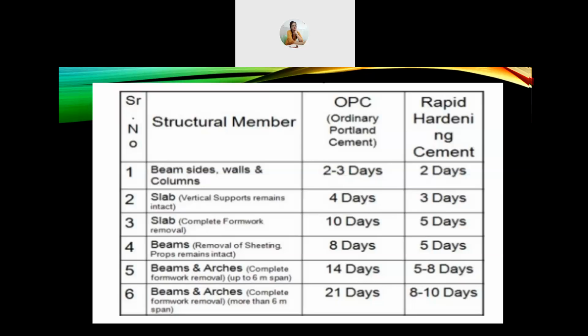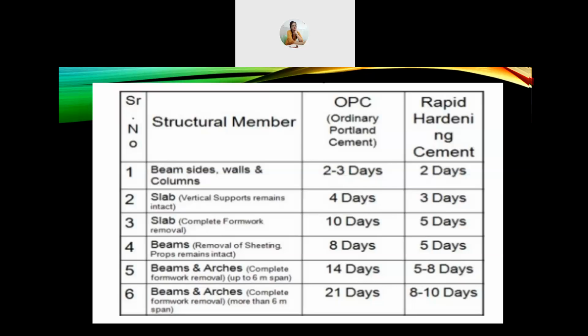For slab vertical support, 4 days and 3 days. For slab complete formwork removal, OPC 10 days and rapid hardening cement 5 days. Beams, where removal of sheeting leaves props intact, OPC 8 days and rapid hardening cement 5 days.